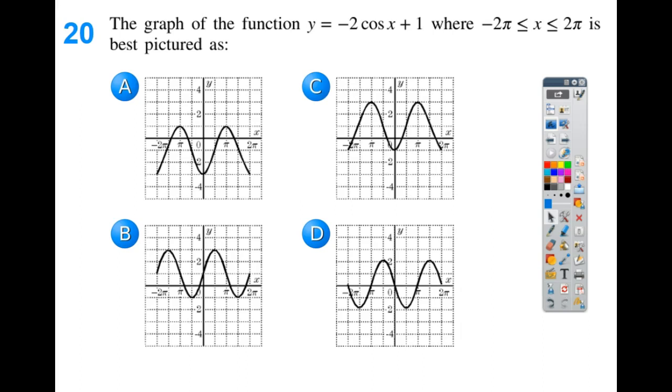Okay, what about this one? Negative 2. Okay, so let's get it. It has to start at 1, and it has to flip, so it's not C. So it's negative 2. Then you add, no, minus 1, so it's negative 3.